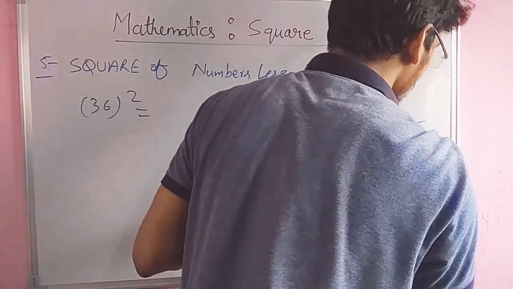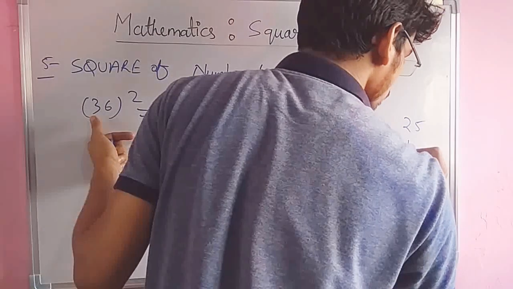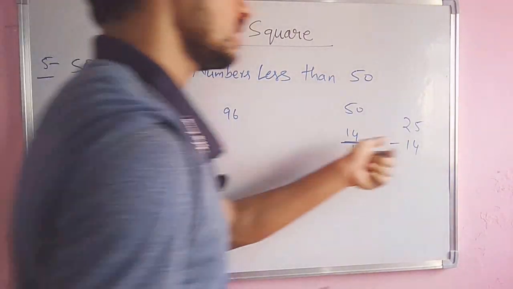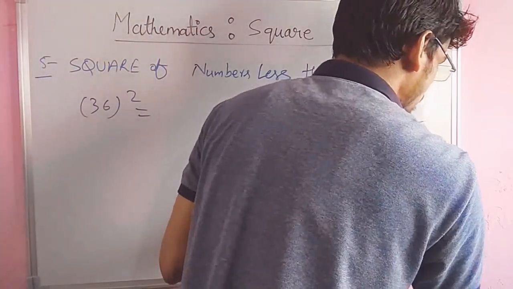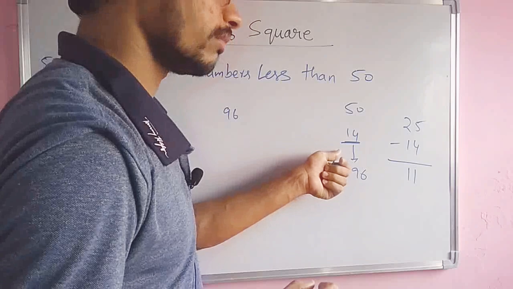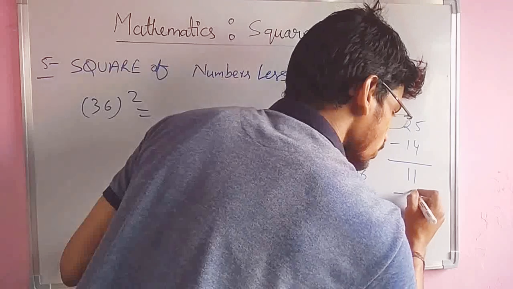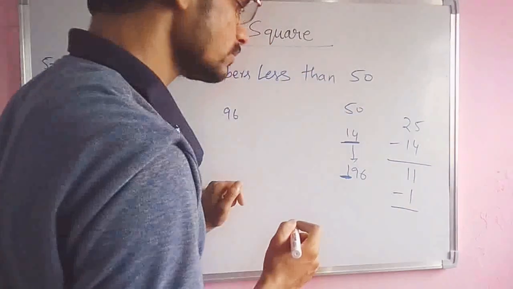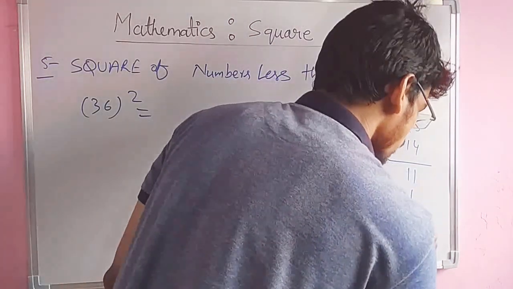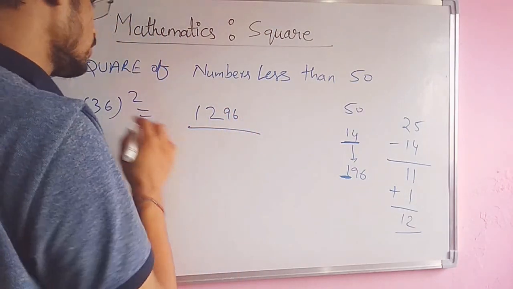Now subtract the given lesser value from the golden number, that is 25 minus 14, which is 11. 1 is added as a carry, 11 plus 1 is equal to 12. 1296 is the calculated square of 36.